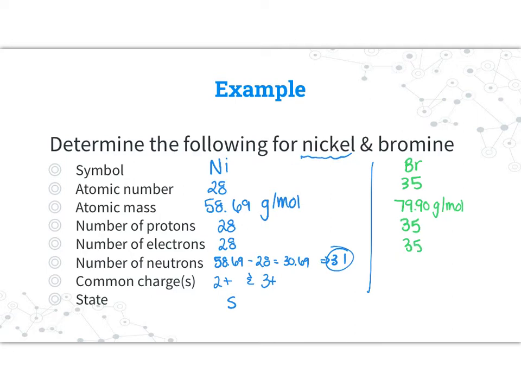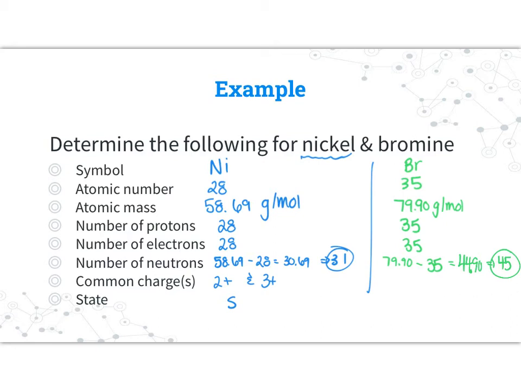To calculate the number of neutrons present, we will take our atomic mass and subtract the number of protons. When we do this, we get 44.90. We need to round that up to 45.